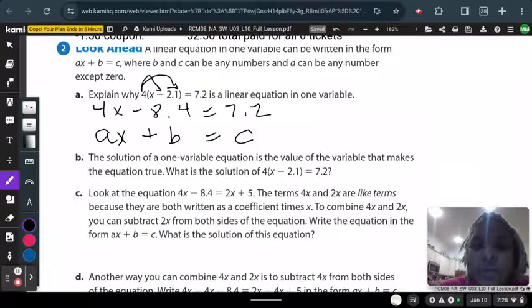So if you can write any equation in the form ax plus b equals c, then you have a linear equation with one variable.